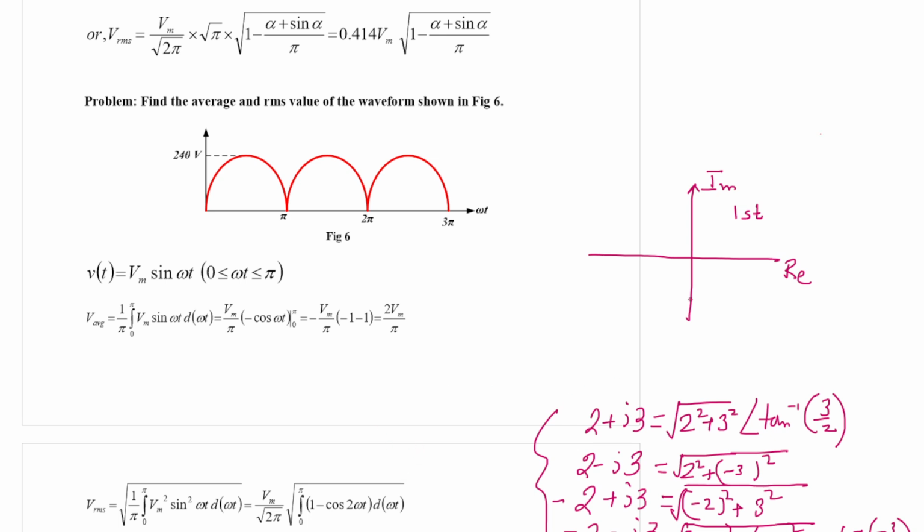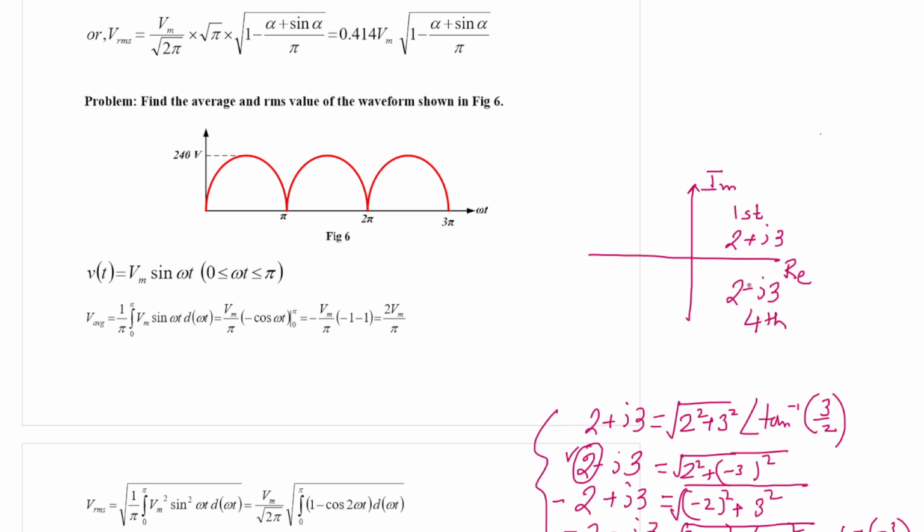Now if you consider the second one, 2 minus j3, the real part 2 is positive, but the imaginary part is negative, so it stays in the fourth quadrant.